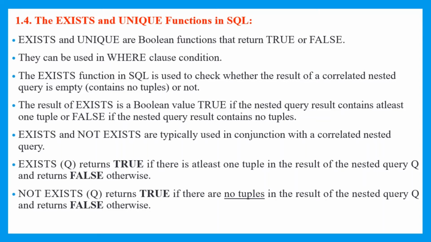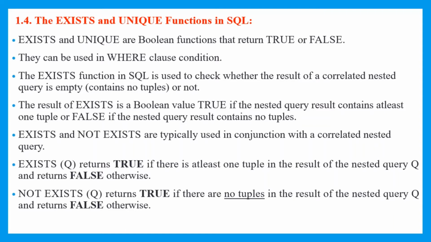EXISTS returns true if there is at least one tuple in the result of the nested query, and returns false otherwise. NOT EXISTS returns true if there are no tuples in the result of the nested query, and returns false otherwise. We already saw the EXISTS keyword used in a correlated nested query in the previous slide.